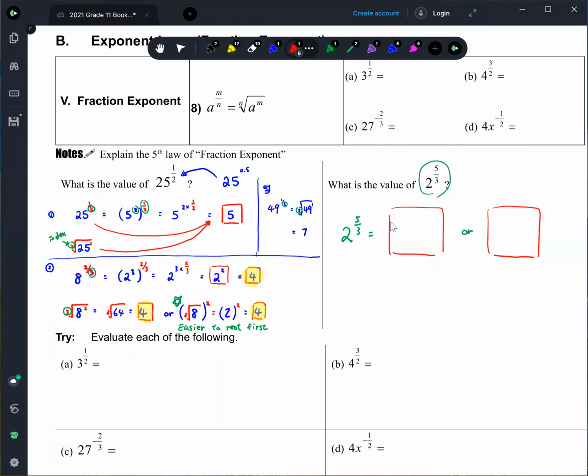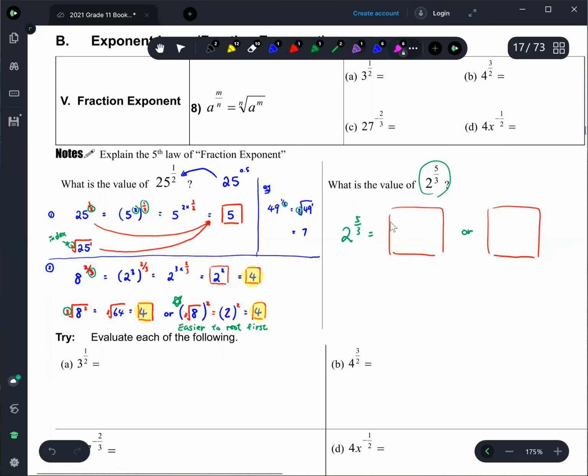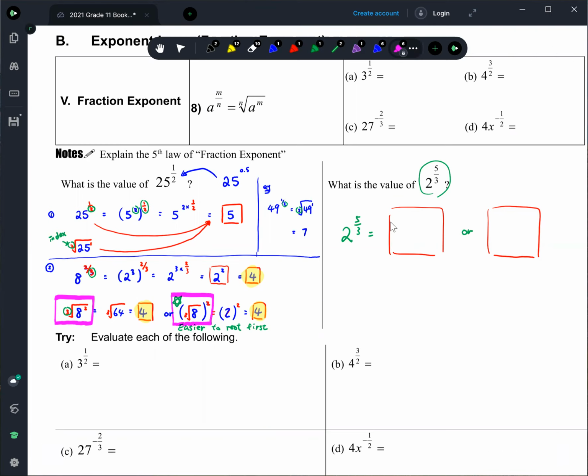Does anyone have questions about which 2 different ways I'm talking about? One way is without the brackets. The other way is this one, with the brackets. 1 and 2. Just write it into the radical.